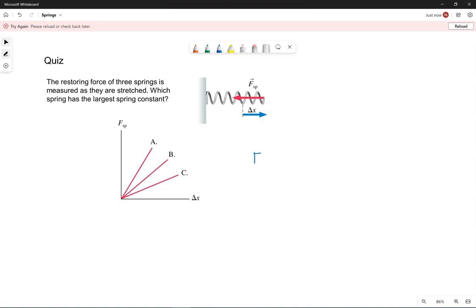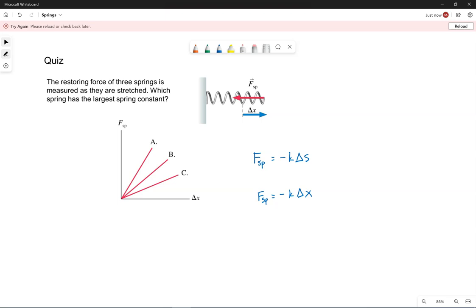All right, so we're trying to relate the force of the spring to the spring constant. Now, generically, we write this: the force of the spring is negative K delta S. Since this spring is oriented horizontally, we can call delta S delta X, because the spring is only going to be stretched or compressed horizontally.